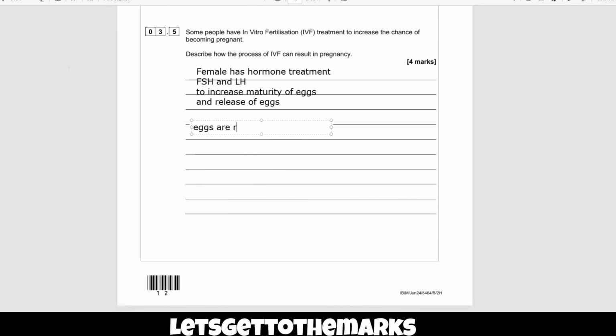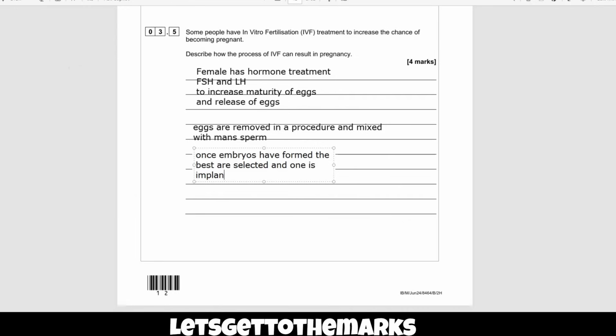Eggs are removed in a procedure and mixed with the man's sperm. Once embryos have formed, the best are selected, and there should only be one implanted.